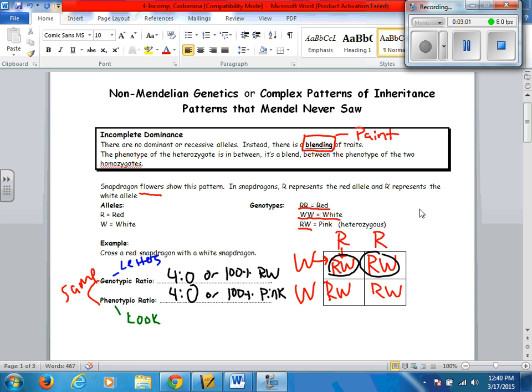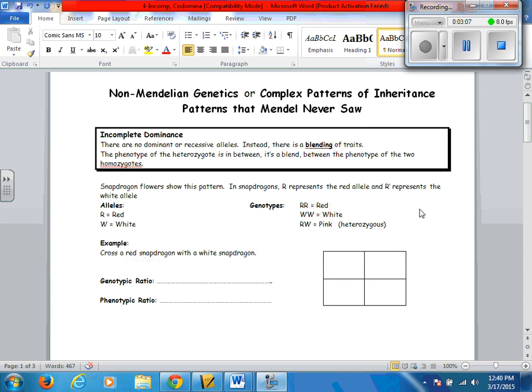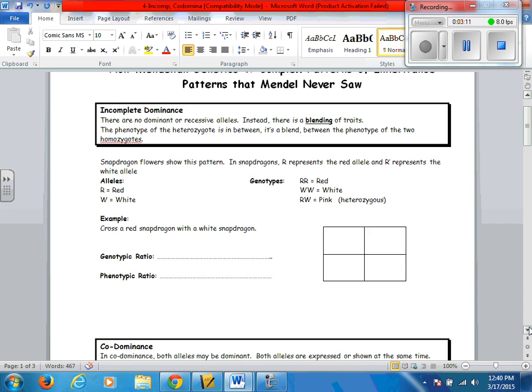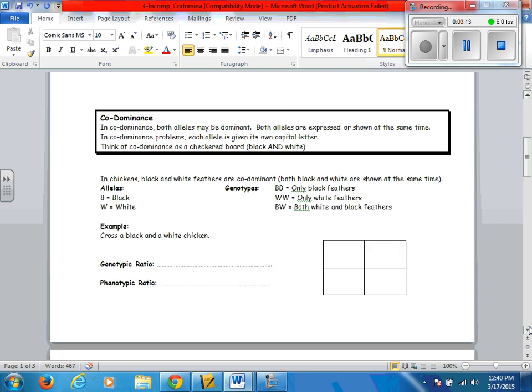Okay, so let's move on to the next one. And you'll get lots of practice doing this. I'm going to erase that, and I'm going to scroll on down, because there's another scenario that takes place, and this is codominance. It's a very similar example.